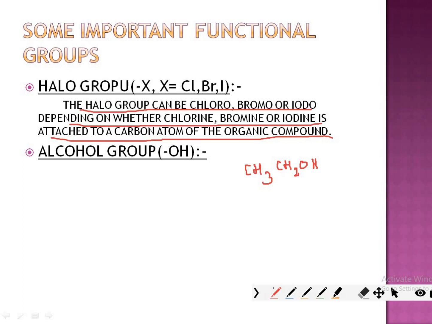If I try to name this compound, we have here 2, here 1, because OH is very high priority, so it will be numbered 1, the lowest number, okay. So it will be 2 carbons, so the parent hydrocarbon will be eth.